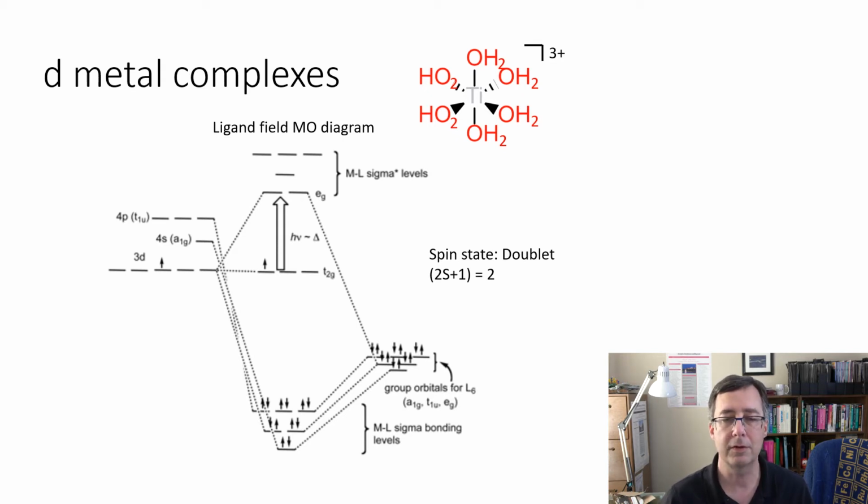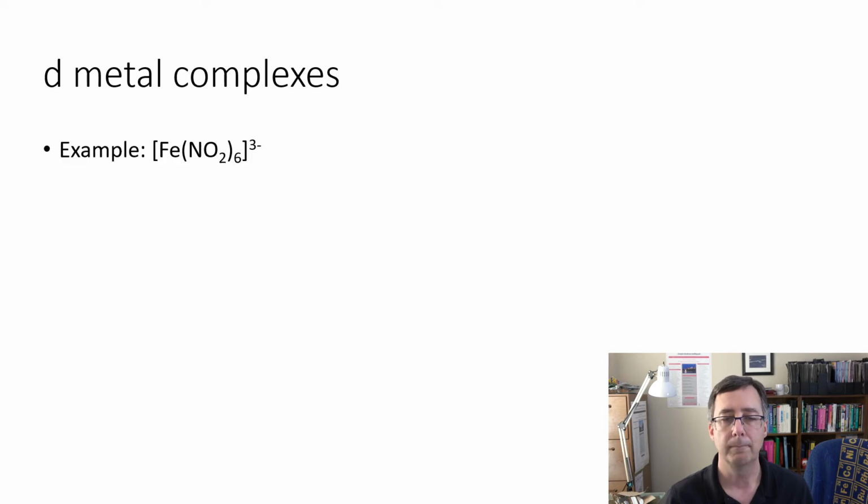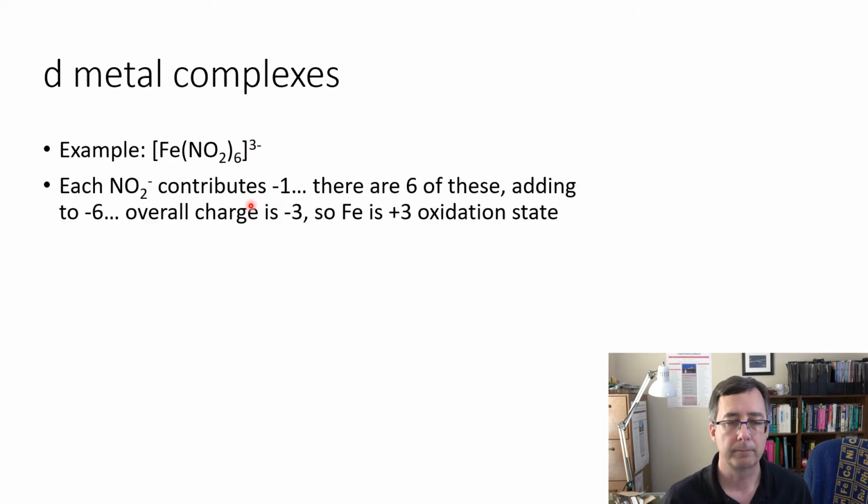Let's look at one other example. Suppose I had iron with 6 NO2 ligands and an overall 3- charge. Now, the NO2 comes as an NO2- in this complex, and there's 6 of them, so I get a total of -6 charge from the ligands.